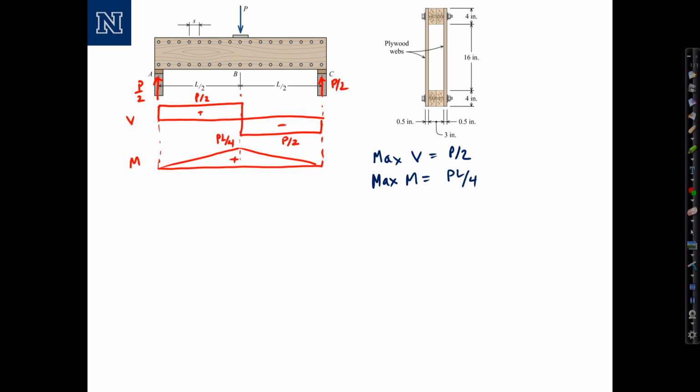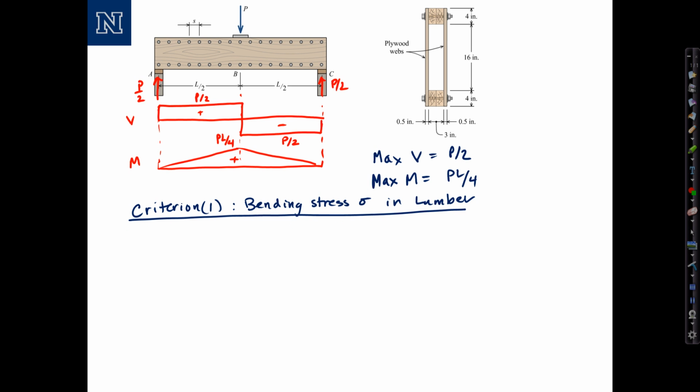Let's lay those out a little bit more specifically. The first one, bending stresses. We'll say criterion 1 is the bending stress sigma in the lumber. We can solve for maximum bending stress.